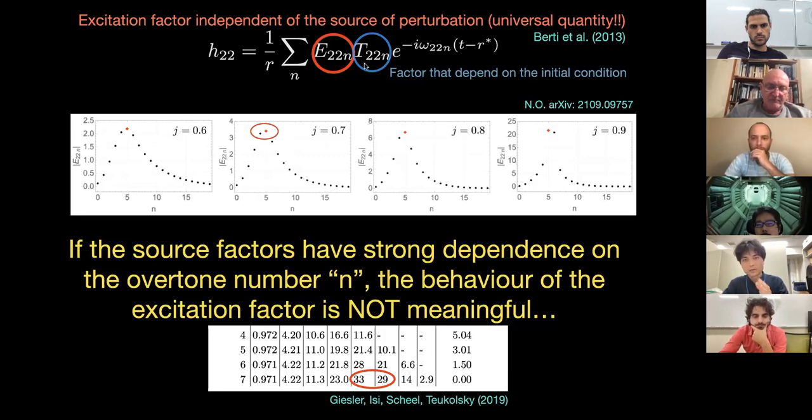We have to look at the behavior of the source factors as well. But computing the source factors for, for example, binary black hole merger events is highly challenging, since it involves a highly nonlinear regime.